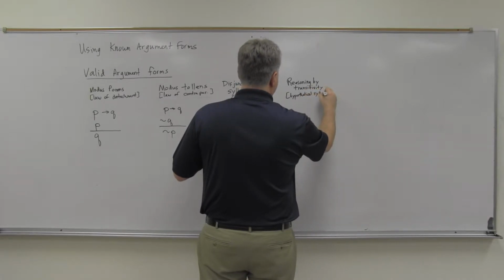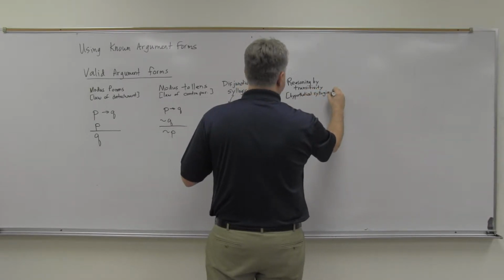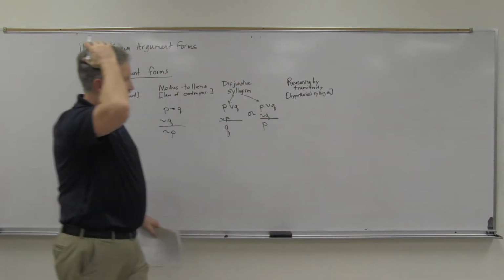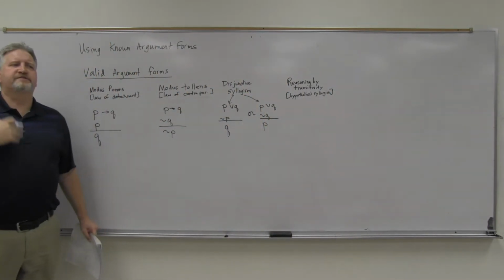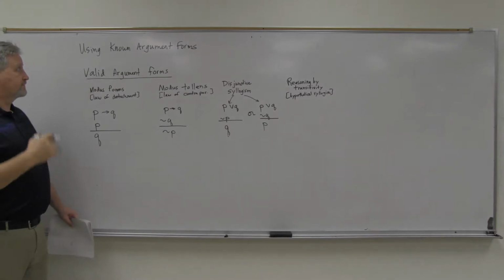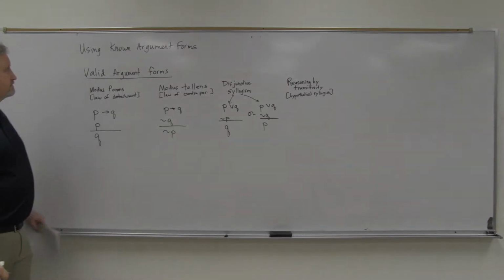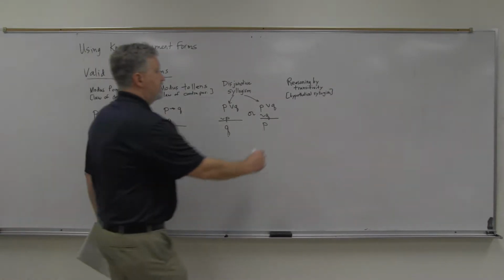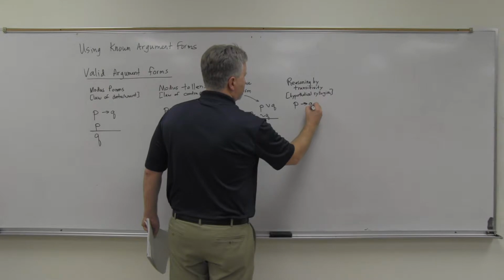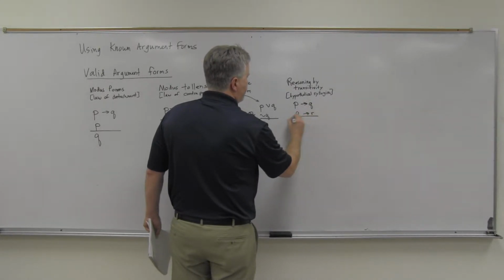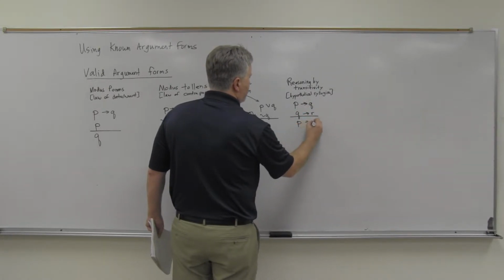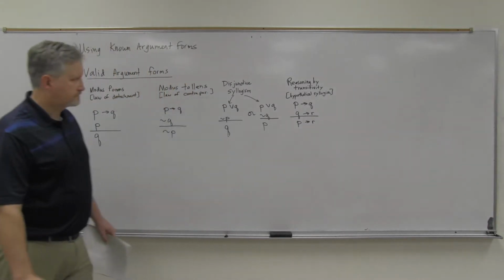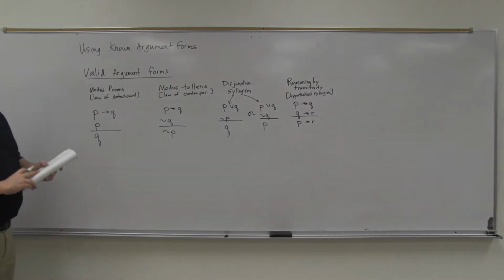And basically, syllogism, we've seen that twice now in these lists. Syllogism is just another word for an argument form. Anyway, it's P arrow Q, Q arrow R, conclusion P arrow R. We'll talk more about that in just a second.